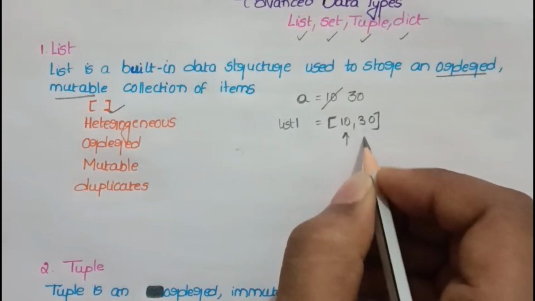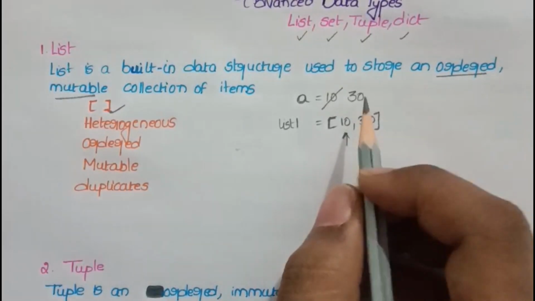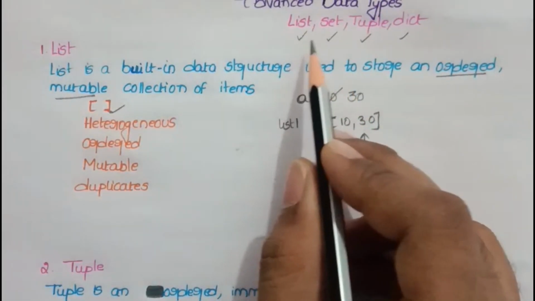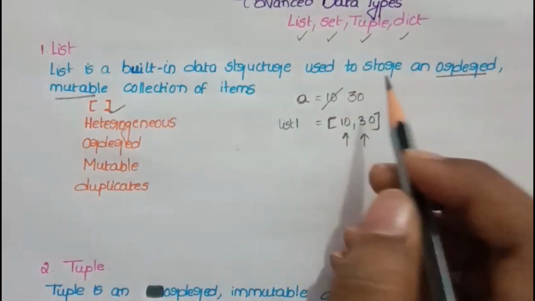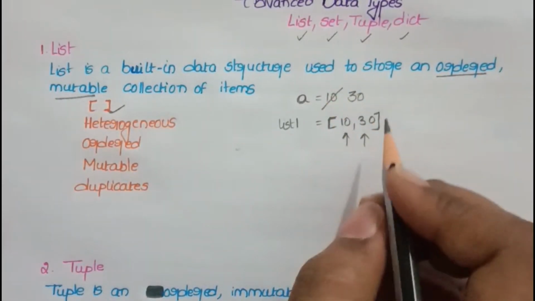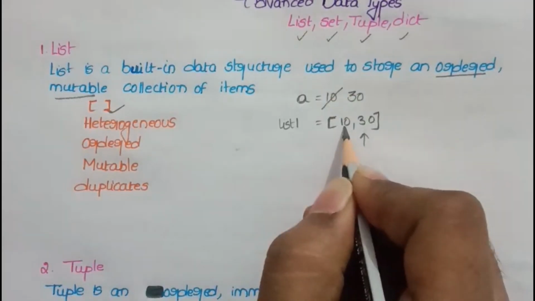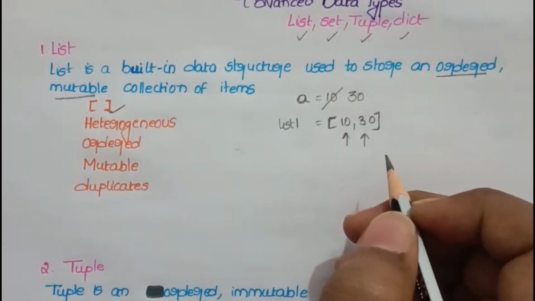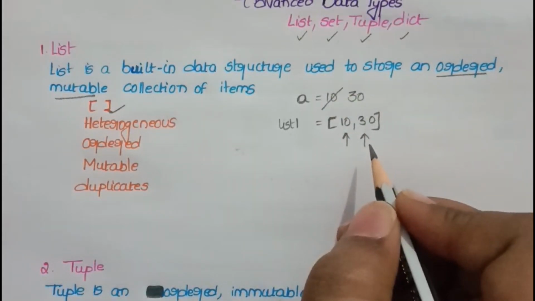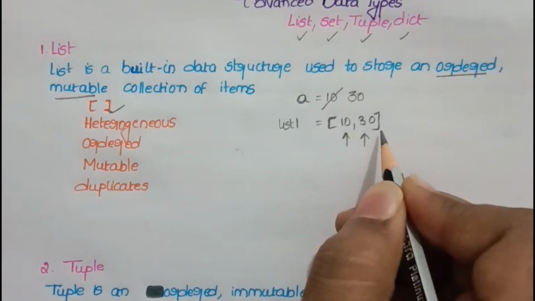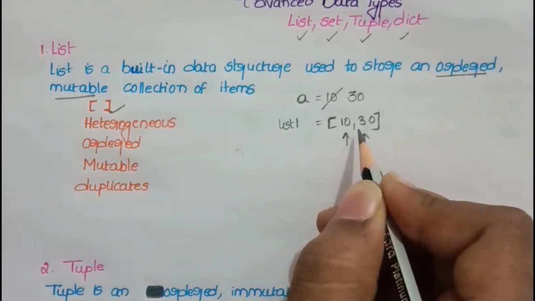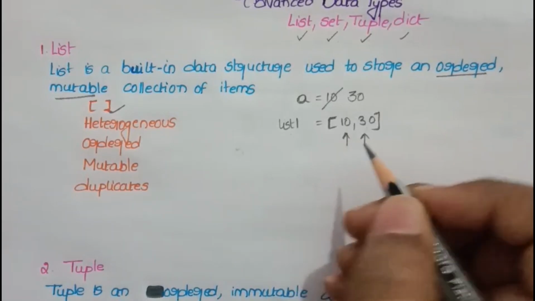Individual values in any data type, either list, set, tuple, or dictionary, are treated as elements. So 10 is an element, 30 is an element. In this way, we declare a list with square braces where each element is separated by a comma.